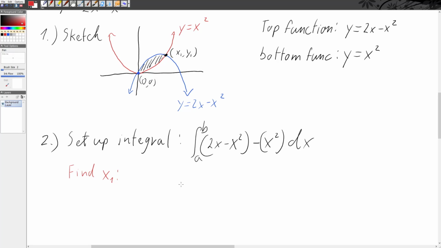Let's try to find x1. Well, x1 is the location where the two functions intersect. So what we want to do is let the functions be equal to one another. Move everything to one side. Factor. Solve.